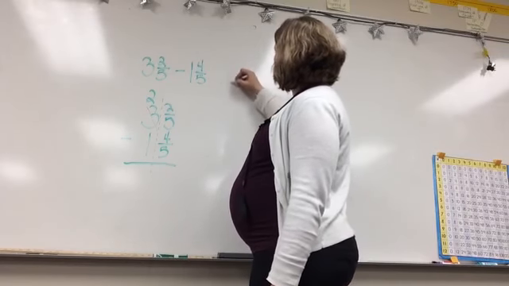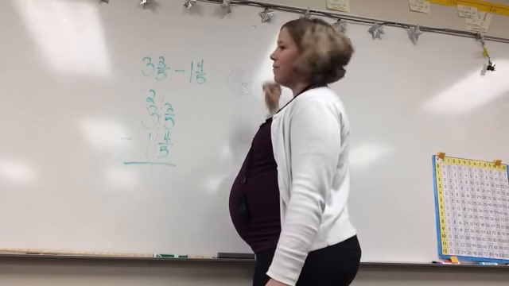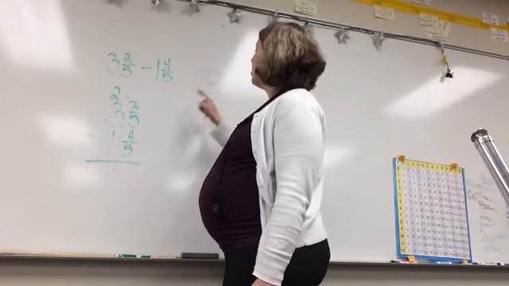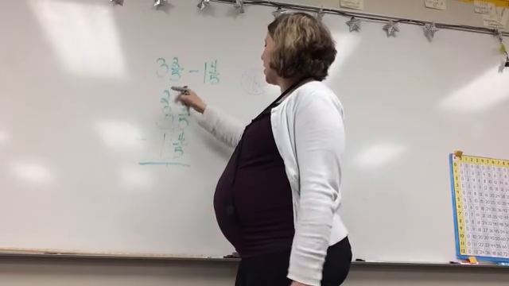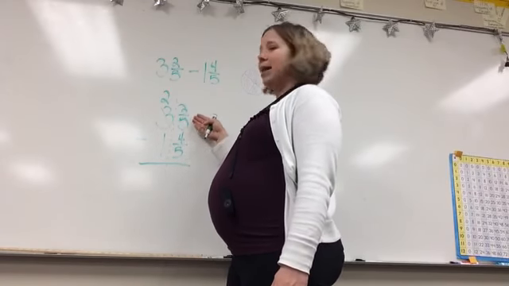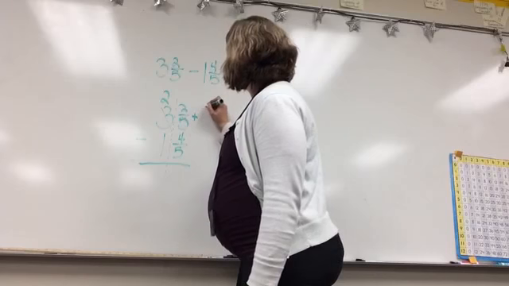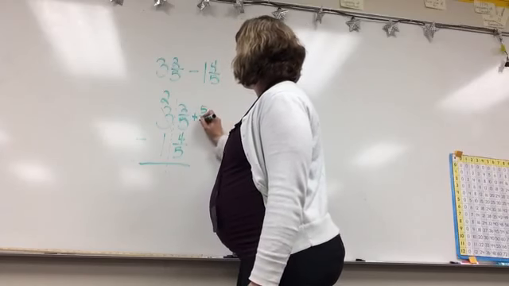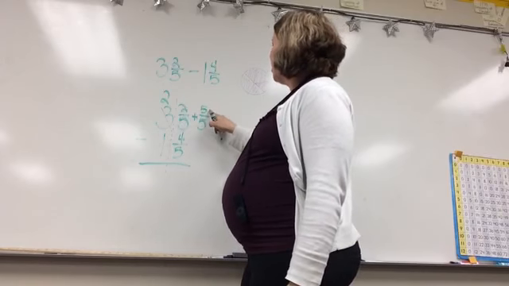The whole thing would be 1, 2, 3, 4, 5 fifths. So I'm adding 5 fifths to this fraction. When I take that whole number and I put it on the fraction side, I'm adding that whole number over here. And so that whole number is the same as 5 fifths. So now I have 2/5 plus 5 fifths.